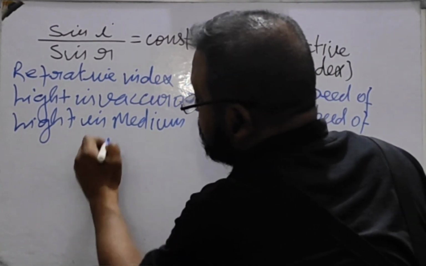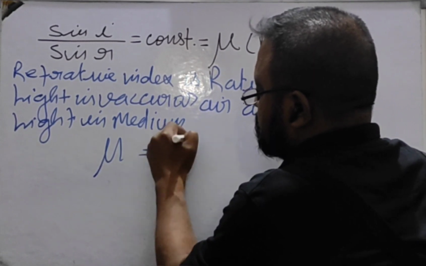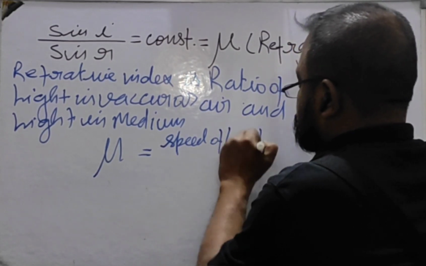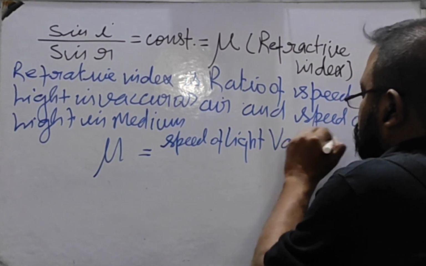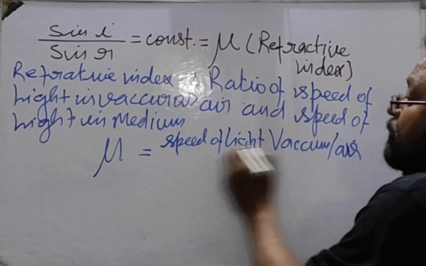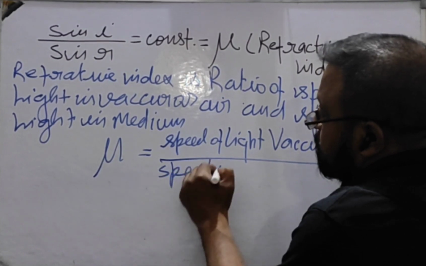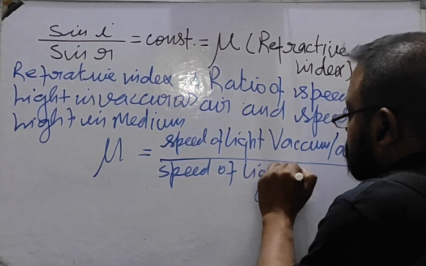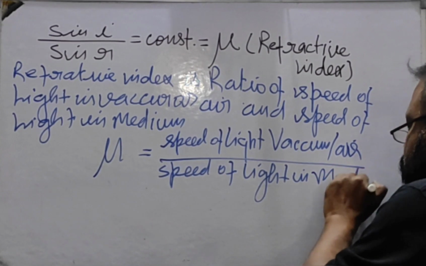So refractive index is speed of light in vacuum or air upon speed of light in medium, right?